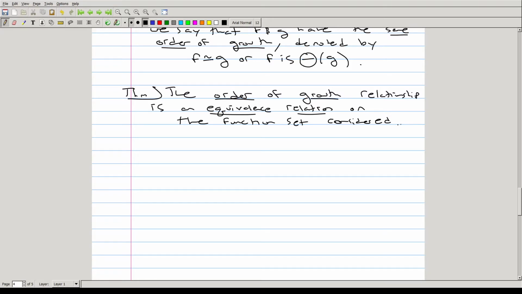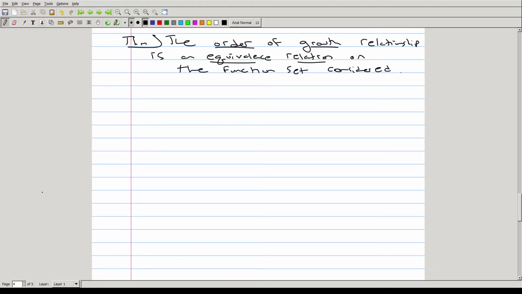So either on the set of functions from the natural numbers to R, the real numbers, or the set of functions from the real numbers to the real numbers. Showing this is relatively straightforward, just like before. We showed reflexivity for the domination relationship.